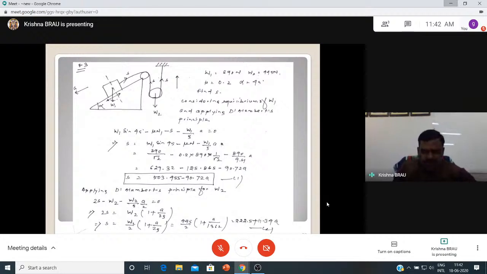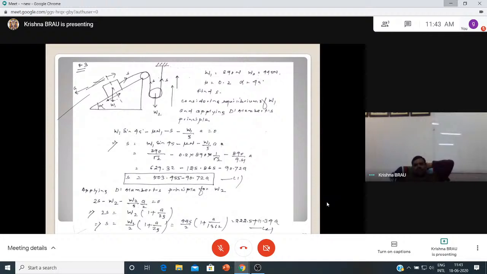But here the acceleration is given downwards. When acceleration is downwards, it is moving upwards, that is the actual motion. But you have to apply the inertia force in the opposite direction, like this.